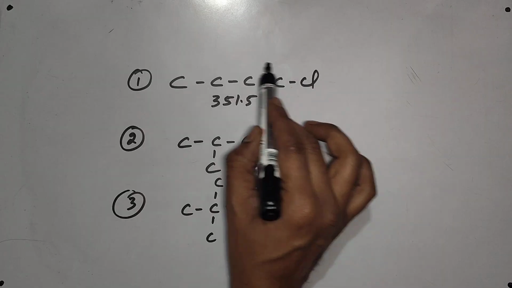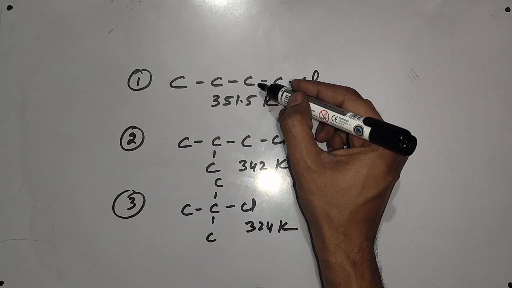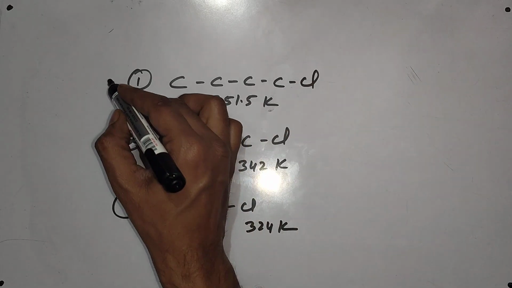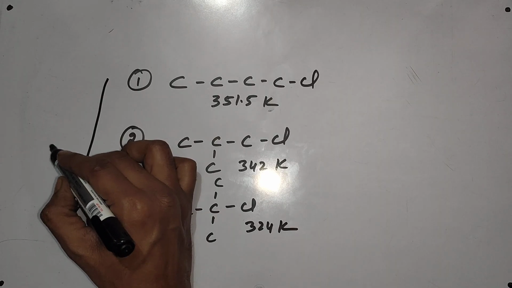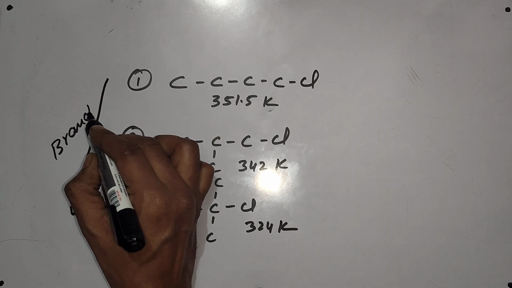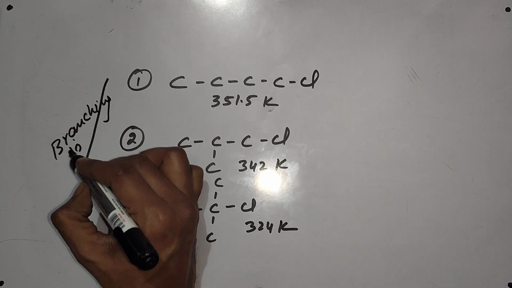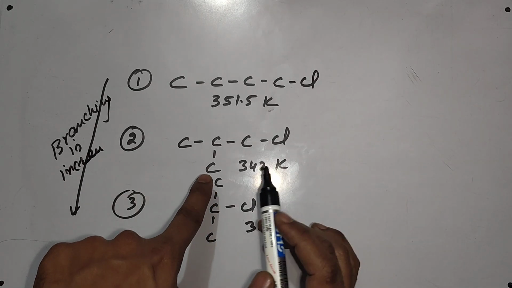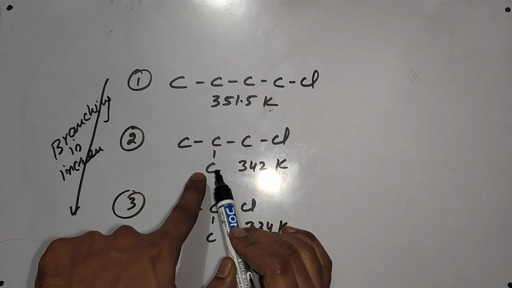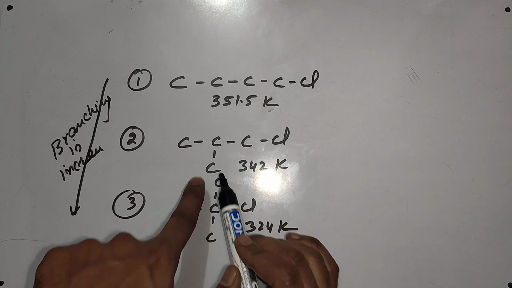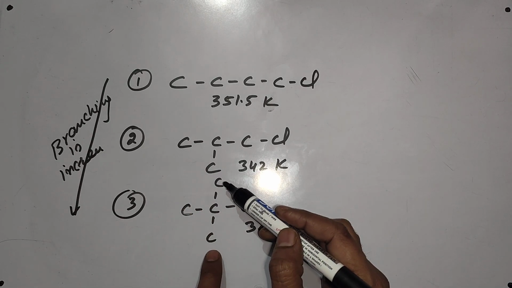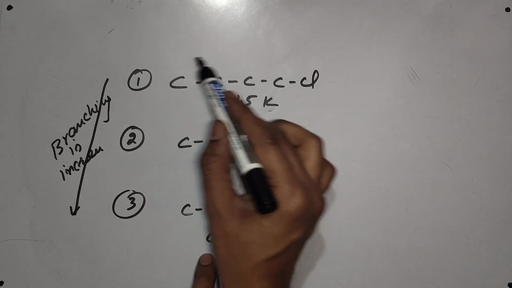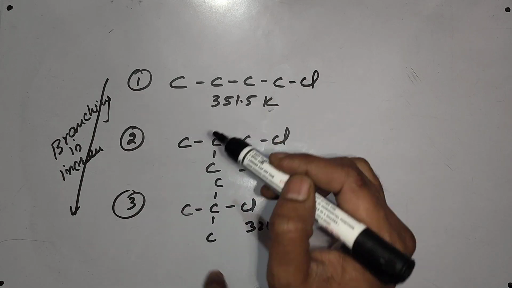The first is a straight molecule, and from first to third, branching is increasing. Branching means side chains. Here one carbon is working as a branch, and here two carbons are working as a branch. And this one is a straight chain without branch.